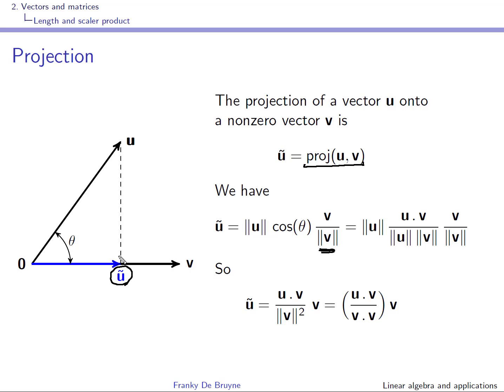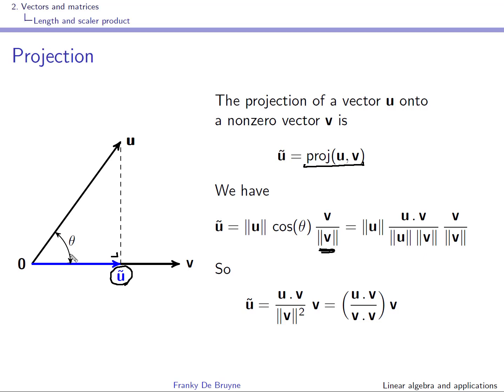So we are working here in a right-angled triangle, so we can compute this length over here, and this is simply the length of u times the cosine of theta. So if the angle theta is acute, this thing here is positive and u tilde is pointing in the direction of v.